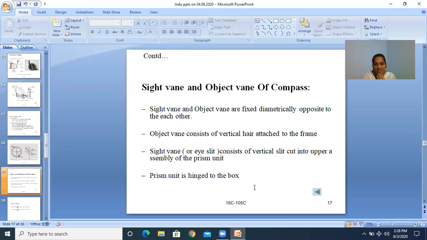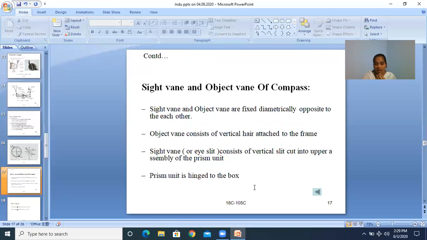A prism unit is hinged to the box. We call this a prismatic compass because it consists of a prism at the eye vane. From this prism we observe the object in front of our object vane. That's why we call this a prismatic compass.